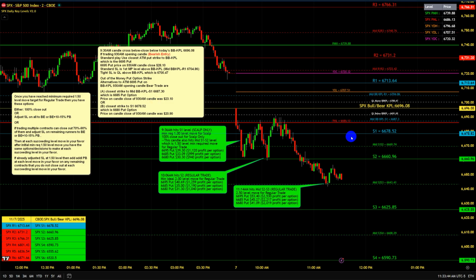What that means at this point is that initially your stop loss is based on a level. So remember, our stop losses were these levels here on the initial trade. There are a couple of brokers that do have a feature that will allow you to place a stop loss on options based on the price of the underlying. So in this case, the price of what SPX is. Normally, with virtually every broker, they allow you to place a stop loss on options only based on the price of the option.